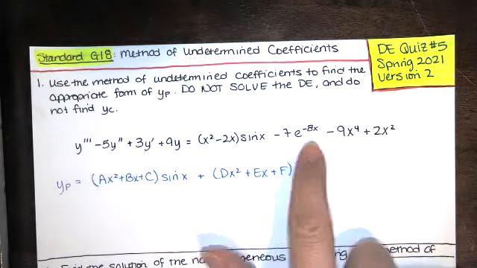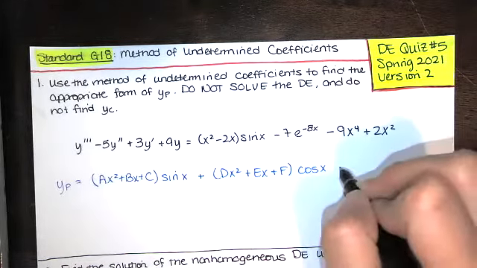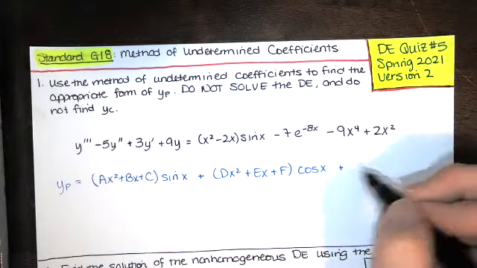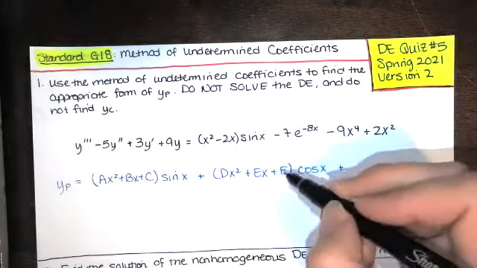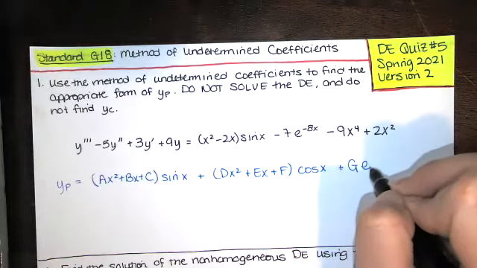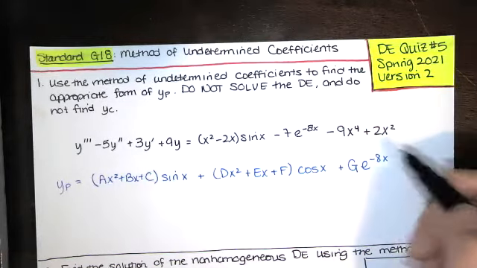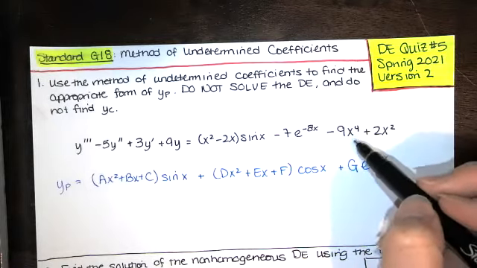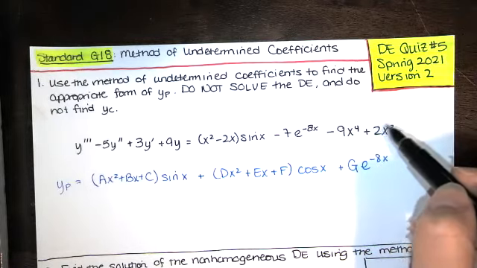Here I have a constant times e to the negative 8x. So I'm going to guess that we have a term that is a constant times e to the negative 8x in our y sub p. So G, my next letter, times e to the negative 8x. And then this right here is a fourth degree polynomial. You don't want to think of this as separate pieces.